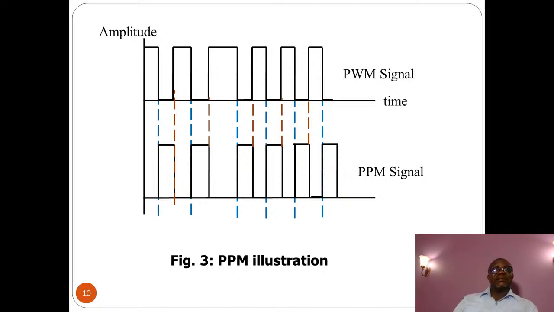At the next leading edge, it falls. At the next trailing edge of the PWM, it rises. At the leading edge of the next pulse, it drops. So it continues like that. So at the end of the day, the pulses are denoted as on or 1 bit, and it is these 1 bits that are composed and transmitted.